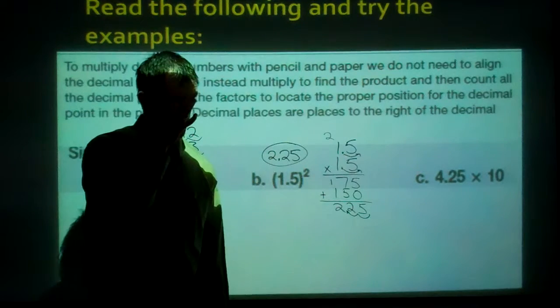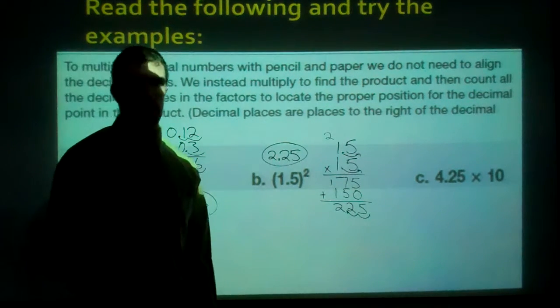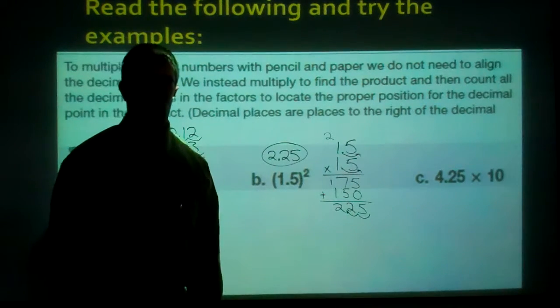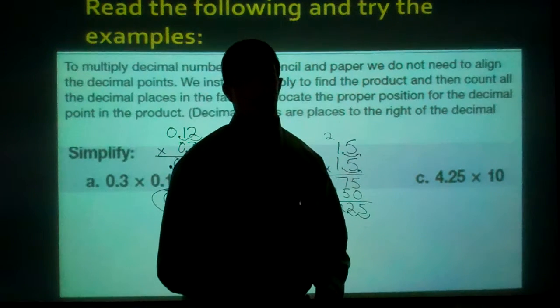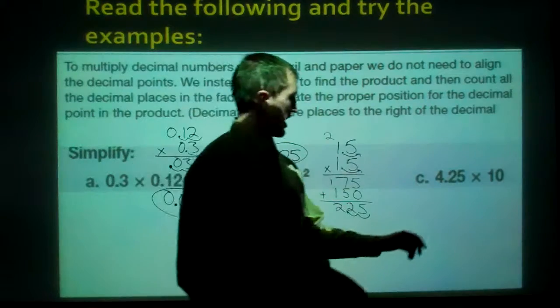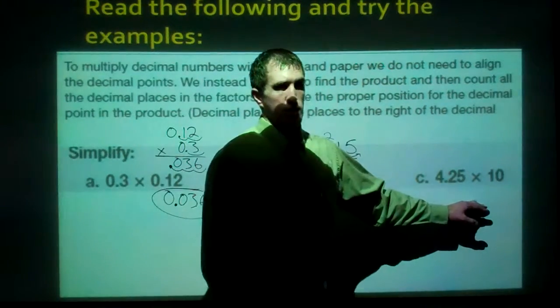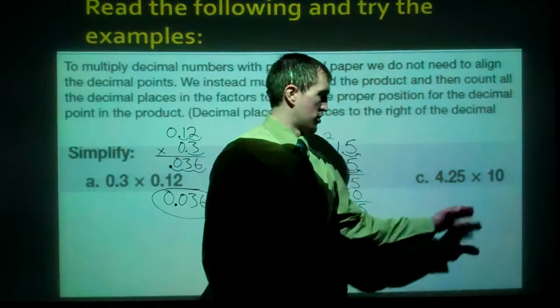Now for C, you could go ahead and do that the long way, but I'm going to say that you can use a shortcut for that, because whenever we multiply by a power of 10, we're just going to move the decimal over however many spots. Let's say this a little better. You're going to move your decimal spot to the right by how many zeros there are. So for instance, we're multiplying by 10.